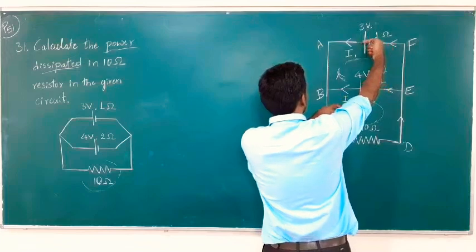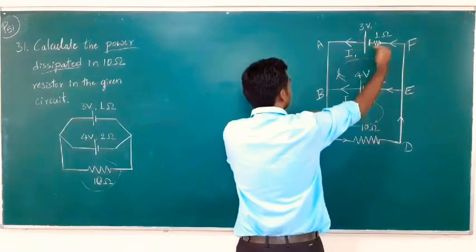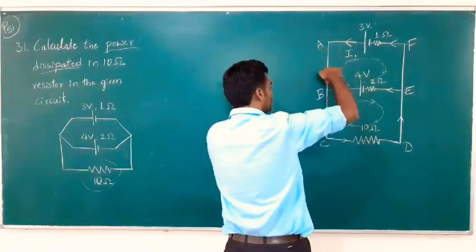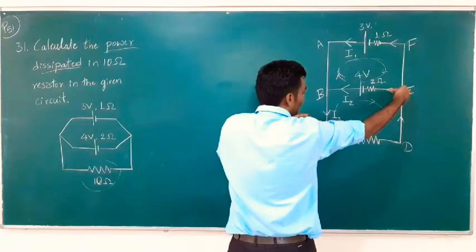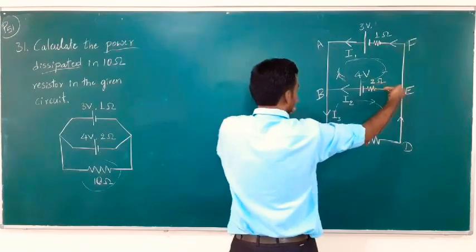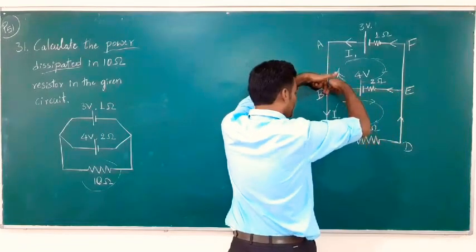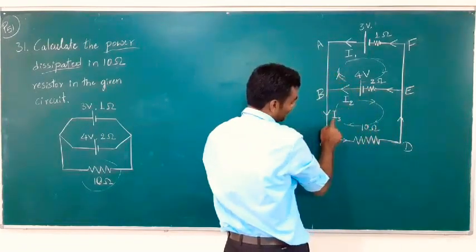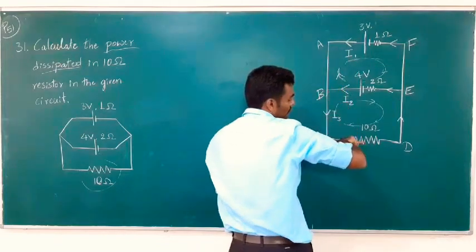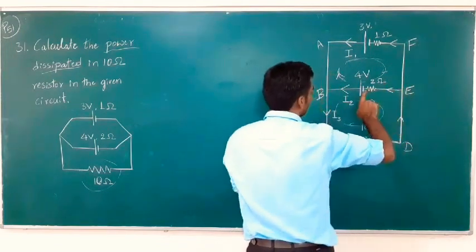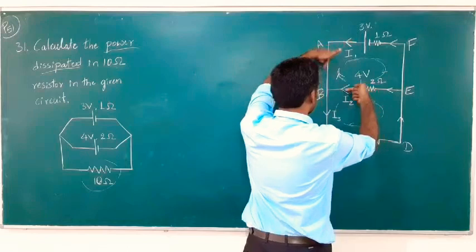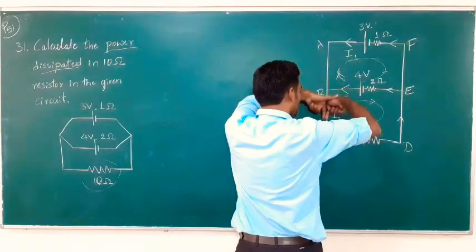Now you have certain current, let me name this current as I1. So you have current I1 flowing like this, and you have current I2 flowing in this branch like this. So I1 comes here, I2 comes here, join together to become I3 and flows through the external resistor. Since the direction of I1 and I2 are like this, they will join together to become I3.